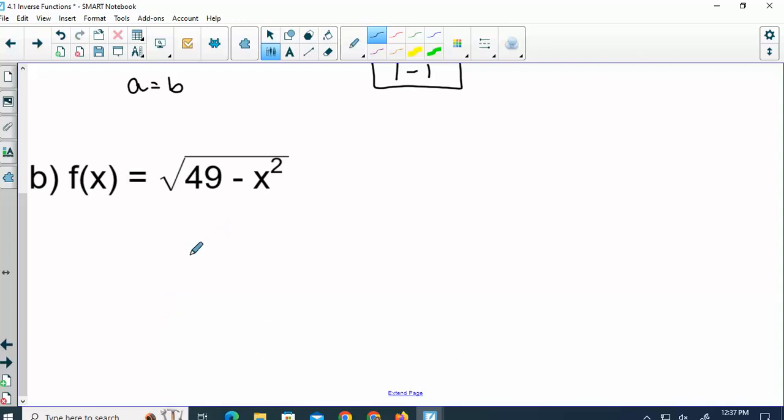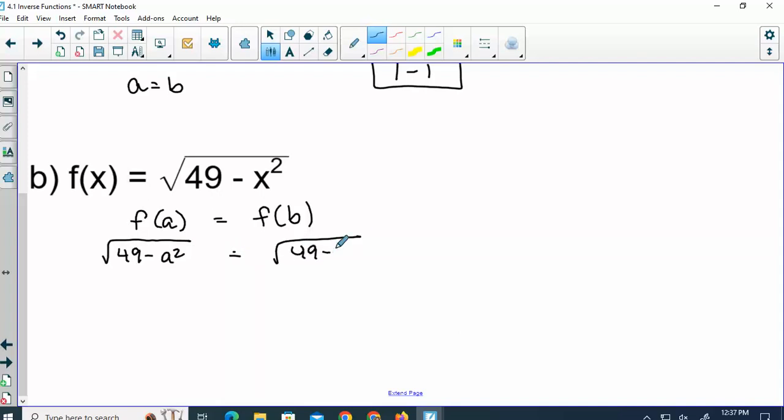All right. So for this one, f of a equals f of b. So f of a is the square root of 49 minus a squared. F of b is the square root of 49 minus b squared. What would you do on this one?